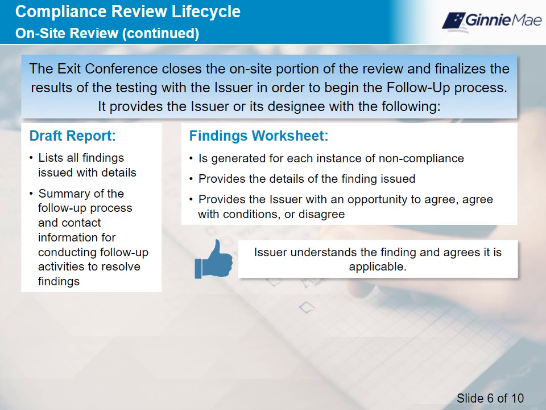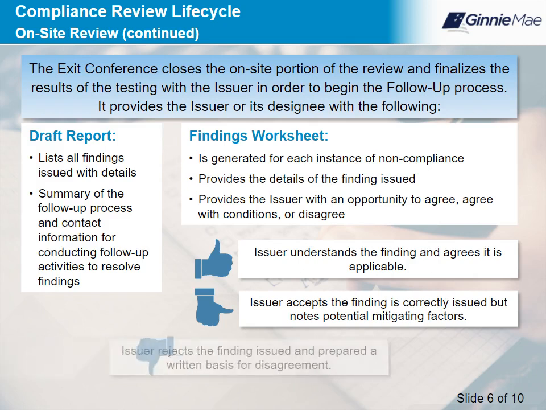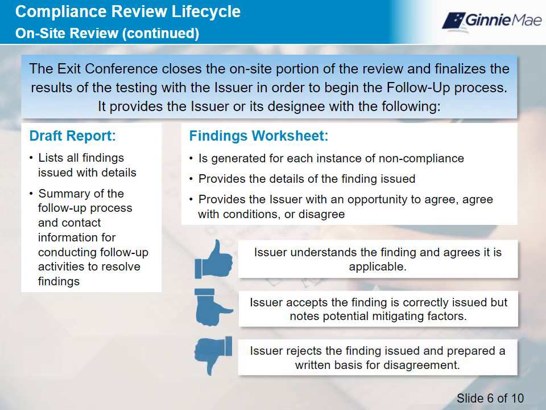If the issuer agrees with conditions, the issuer understands the finding and believes it likely that the finding is correctly issued, but would like to note potential mitigating factors. If the issuer disagrees, the issuer believes the finding is incorrectly issued and has prepared in writing a basis for disagreement.